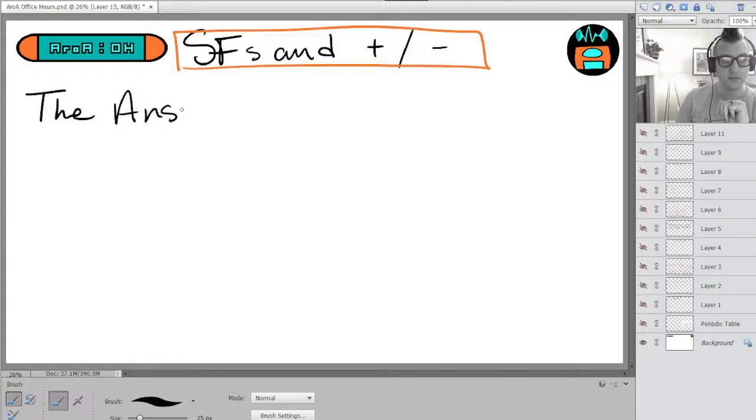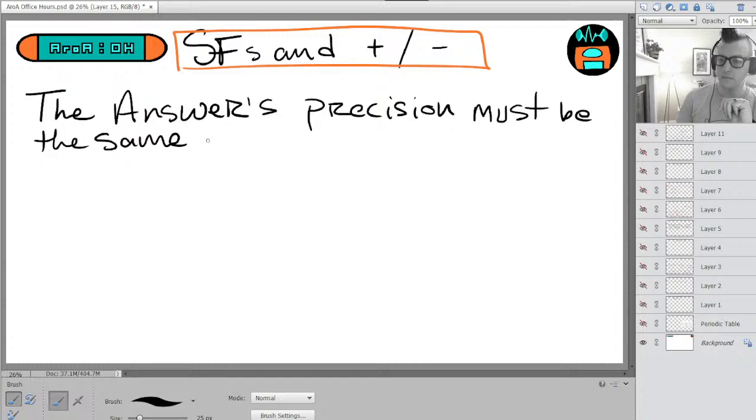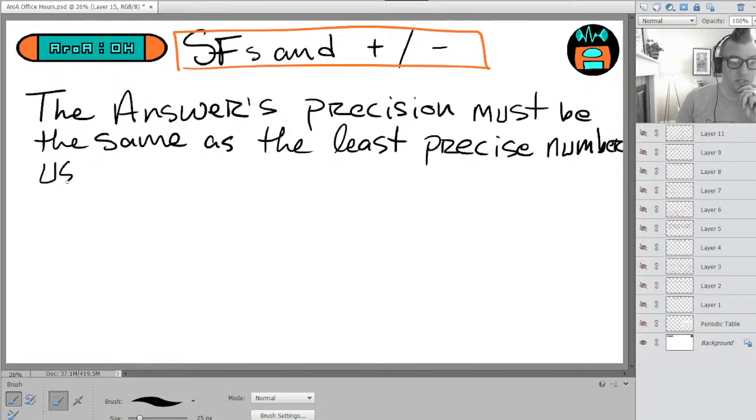The answer's precision must be the same as the least precise number used in the calculation.